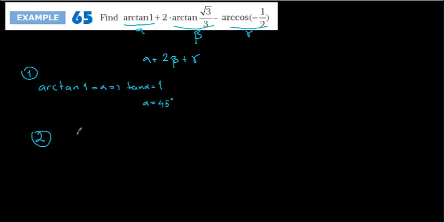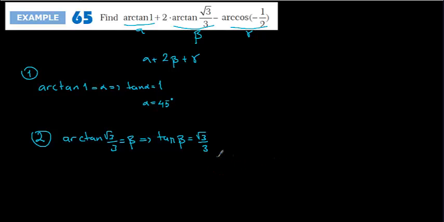Arctangent root 3 over 3 is equal to beta. This implies that tangent beta is equal to root 3 over 3. For which angle was it root 3 over 3?